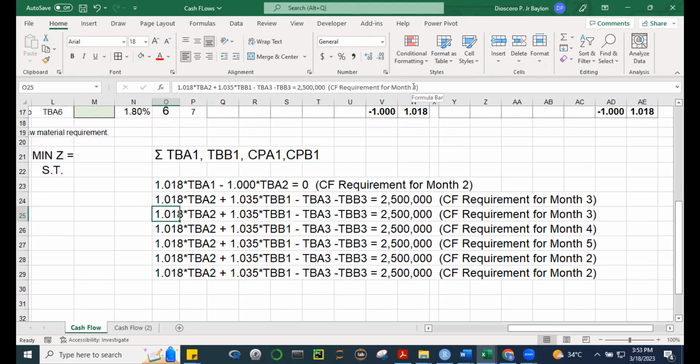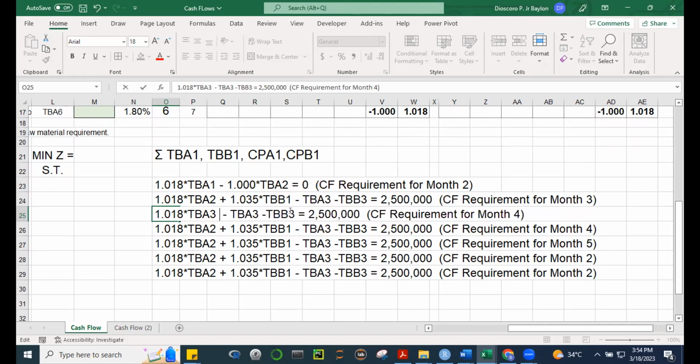Next volunteer, please. Come on, guys, so that we don't waste time. Month 4. Okay, 1.058 times CPA1. Let's start with TBA, since TBA2 is already spelled out here. 1.018 times TBA3, right? Yes, A3. So let's start first with TBA and then TBB. Is there a TBB? None.